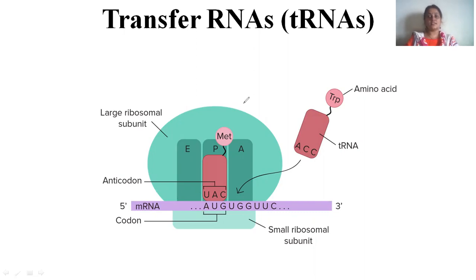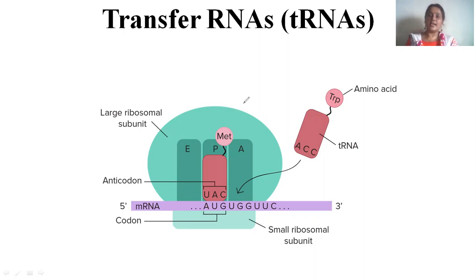Whenever the translation process is going to occur, a ready tRNA with a specific amino acid should be available. Only then will the translation process occur. To understand this, first we need to go into the detailing of the structure of tRNA.